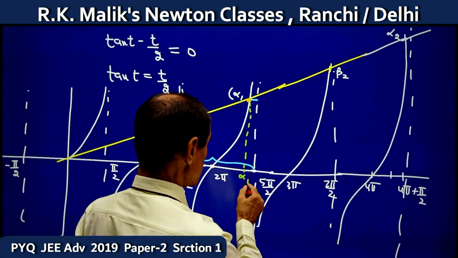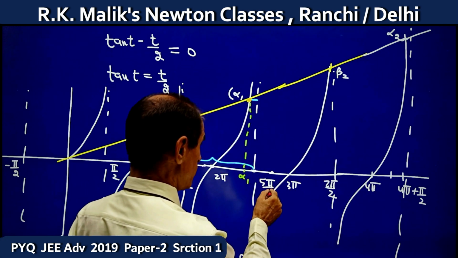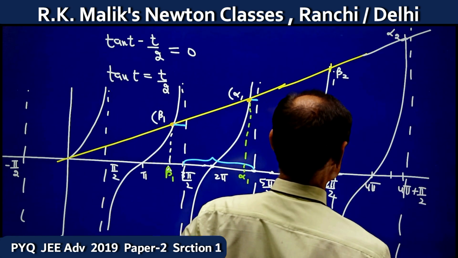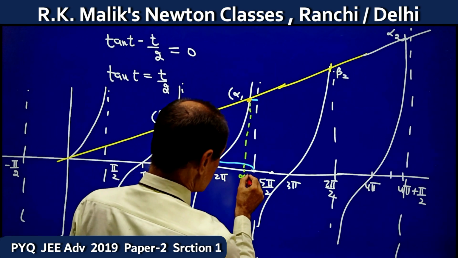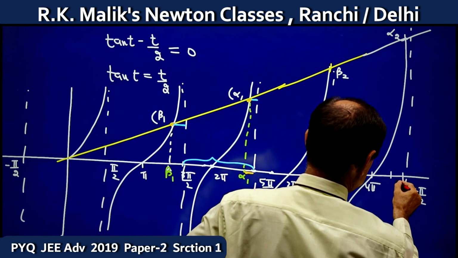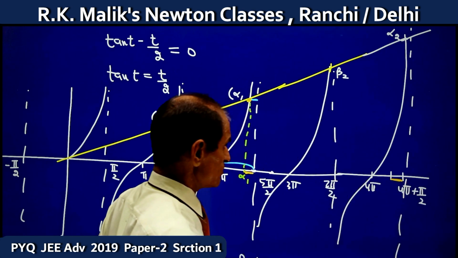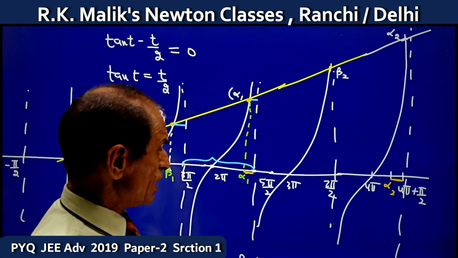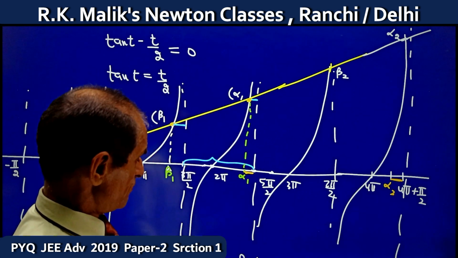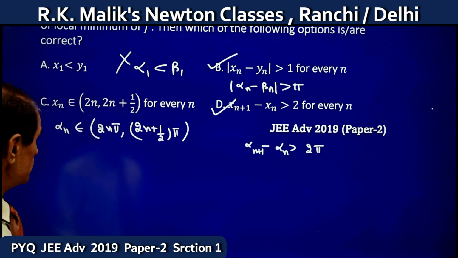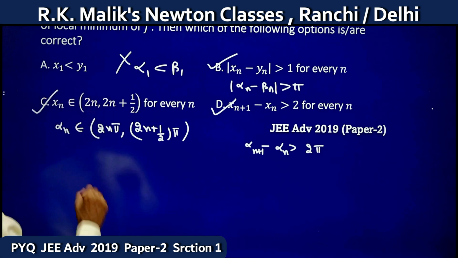That is, alpha 1 is slightly less than 2 pi plus pi by 2, and alpha 2 is slightly less than 4 pi plus pi by 2. It is also clear that this length will be more than this length. Hence, I can say alpha 2 minus alpha 1 will be more than 2 pi. Hence, I can say D is also correct, and C was already checked as a correct choice.